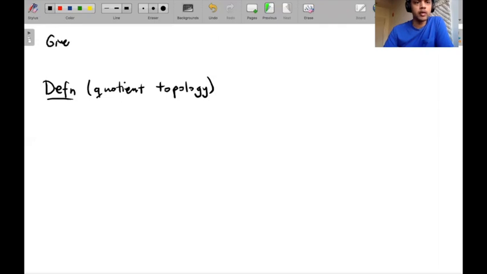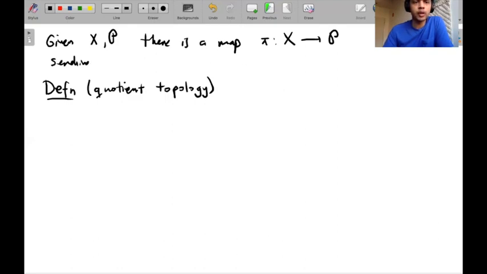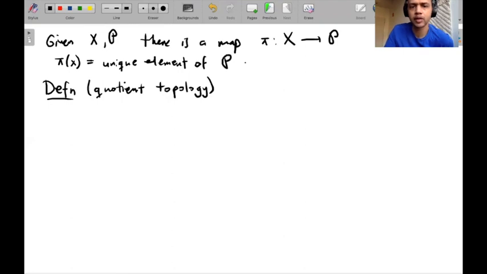Given X and P as above, so P is a partition on X, there's a map we'll denote pi from X to P. The natural thing to do is to send x to the unique element of P containing x.